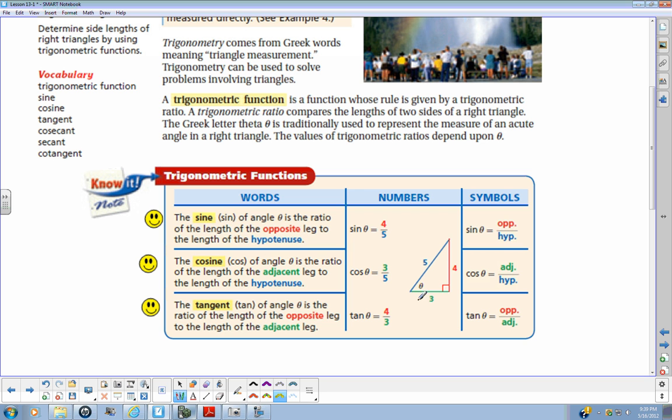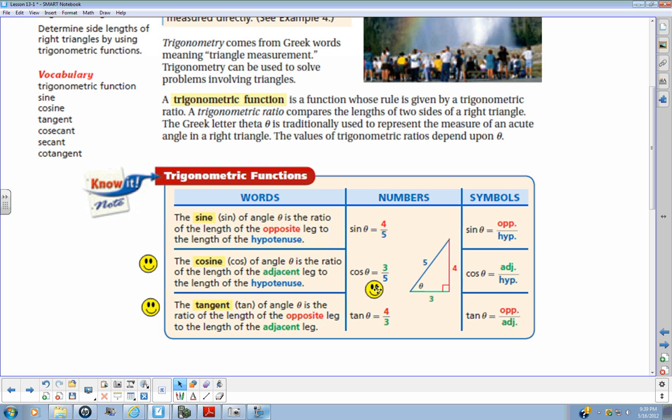So we have them over here. The sine of theta, you notice, is abbreviated as sin. It says the sine of angle theta is equal to 4 over 5. If theta is right here, then the opposite side is 4 and the hypotenuse is 5, so it would be the ratio of 4 over 5.